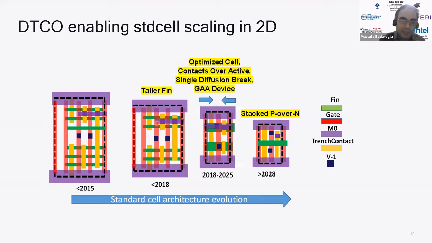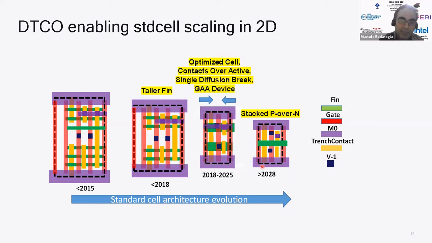So instead of 3 fins, we use 2 fins, and now we are in the generation of single fin devices. And then particularly with the nanosheet, because the drive for single fin is not sufficient enough, you make more stacked devices with nanosheet and place more nanosheets on top of each other. And also some focus on some key design rules like contact over active, cell border definition, single diffusion break. This will allow to reduce the cell height and the width concurrently.